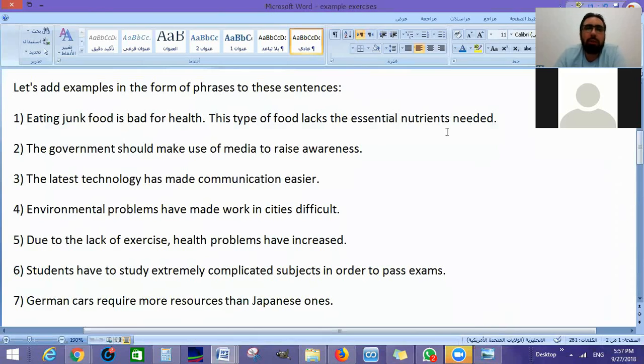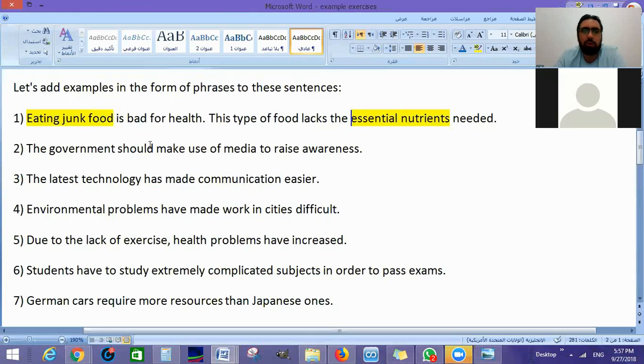What could we give examples of? I think maybe we could give an example here of junk food. And then we have essential nutrients.